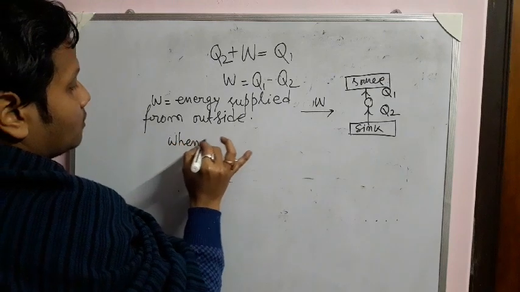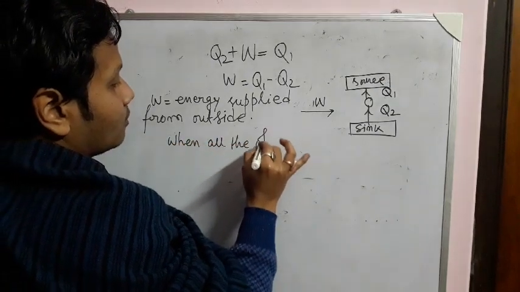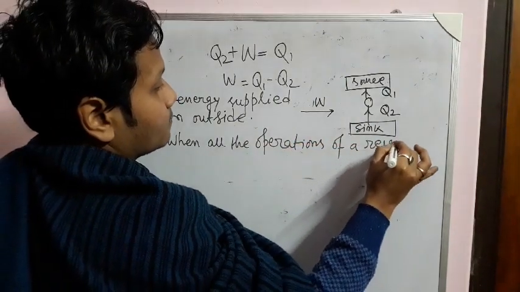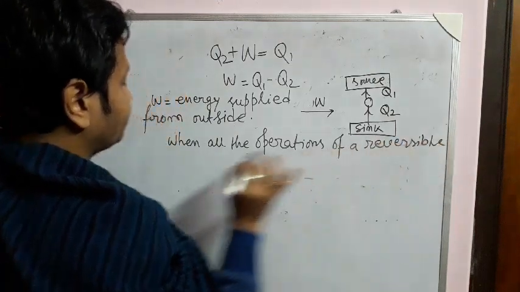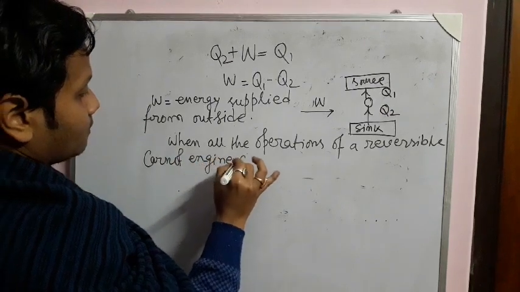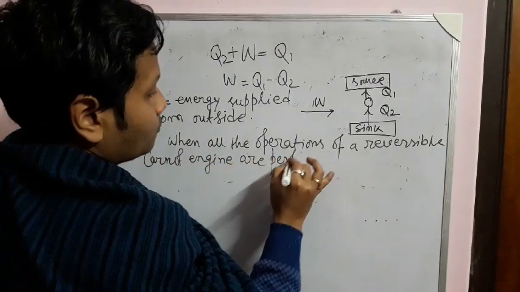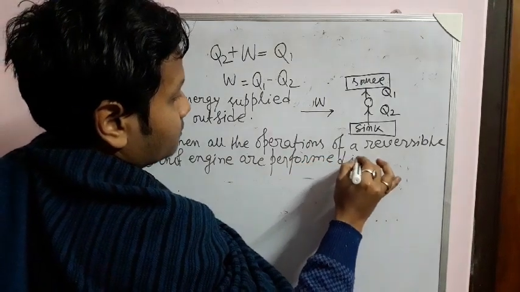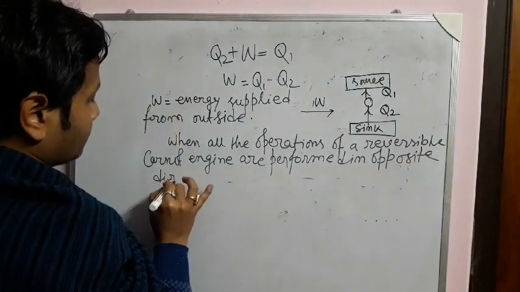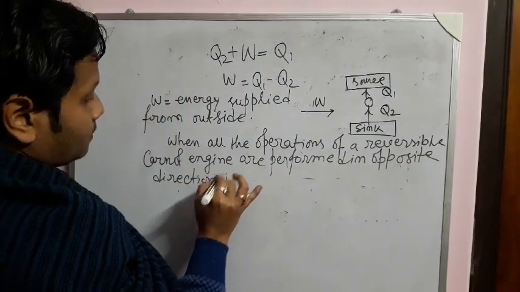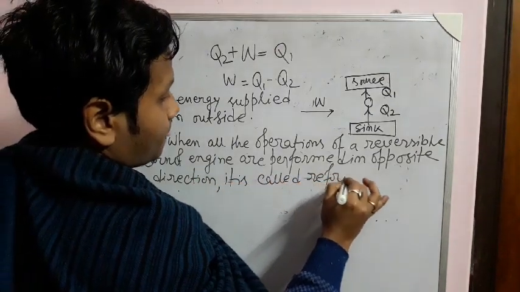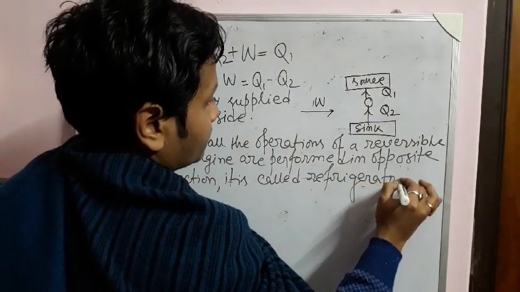When all the operations of a reversible Carnot engine are performed in the opposite direction, it is called a refrigerator.